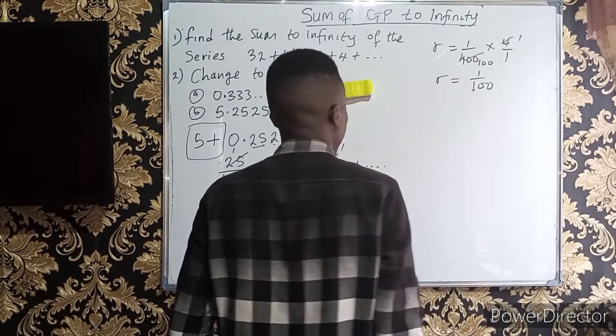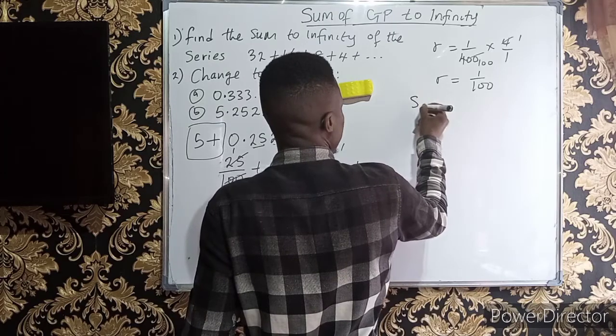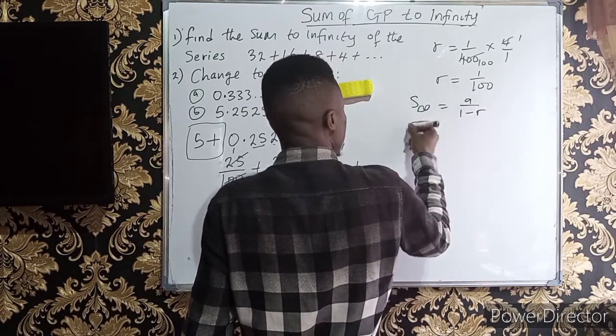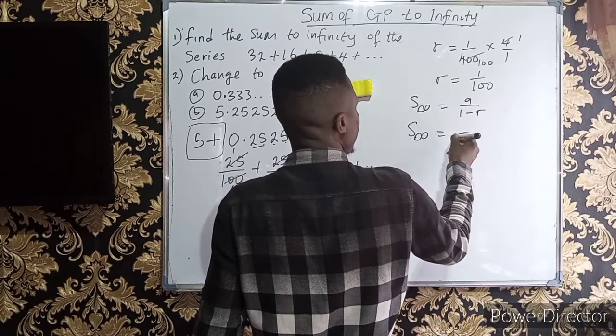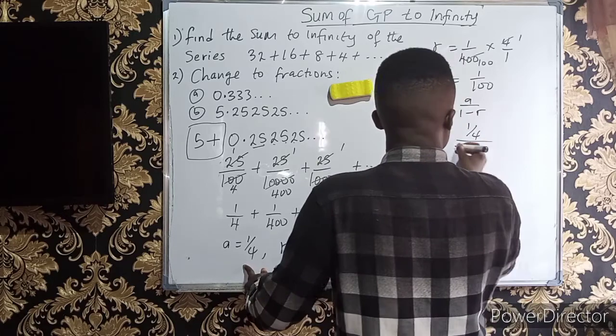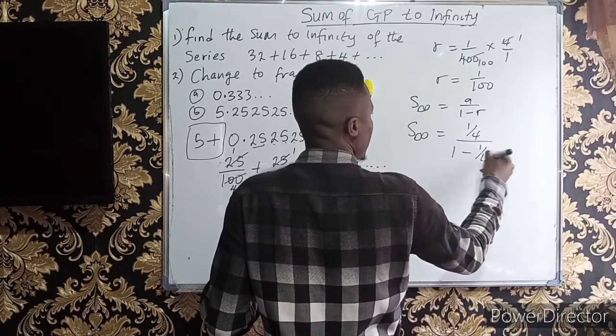So I will now apply the formula for getting the sum of a GP to infinity. So S infinity will now be a over 1 minus r. So S infinity will give me a, first term, is 1 over 4, divided by 1 minus my r, which is 1 over 100.